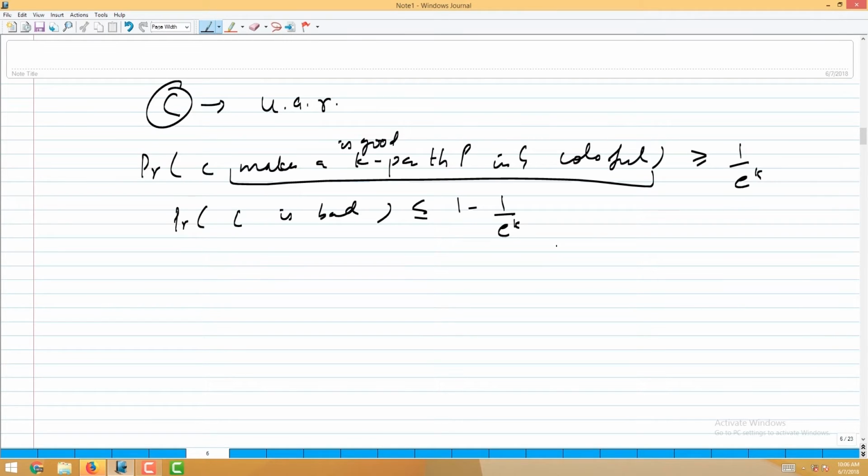If it outputs a colorful path, it's always a colorful path. If it outputs no, I forget about this no. I go back, compute a new random coloring, and again run colorful k-path on this random coloring. Again, if it gives me a colorful k-path, I'm happy. Otherwise it says no, and I keep on doing this.